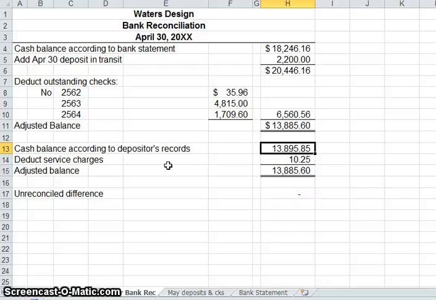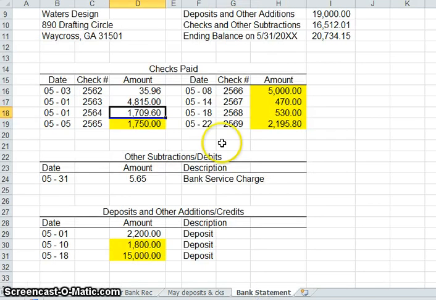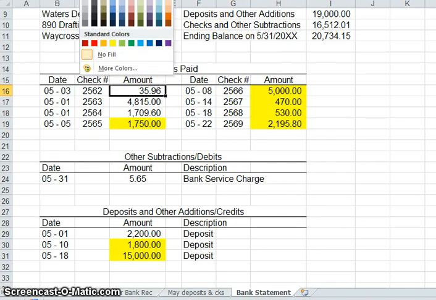Okay? So if we look back, last month there were 3 checks that we had recorded that had not cleared the bank yet. So let's see if those are some of those missing ones that are on the bank statement this time. 2562 for $35.96. Yep, there it is. So that's the one that was outstanding from last month.